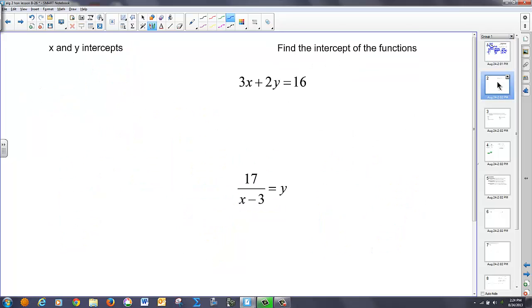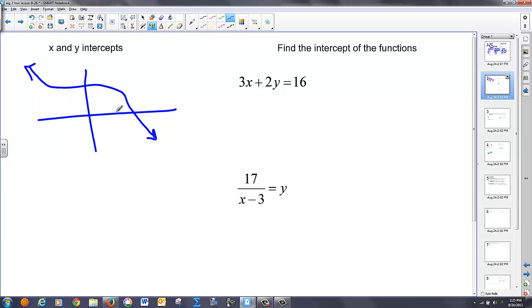Next, we're going to talk about x and y intercepts, and if you remember, I don't care what your graph looks like. It could be a curvy looking thing like this, but regardless, any x-intercept, anything that hits the x-axis, is going to have within the point that it hits some unknown x value and a y value of 0.